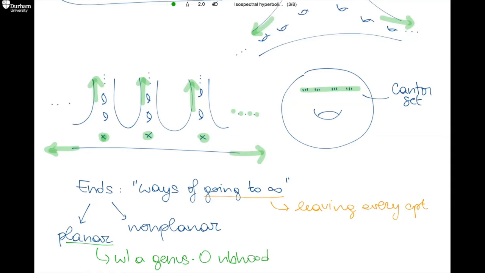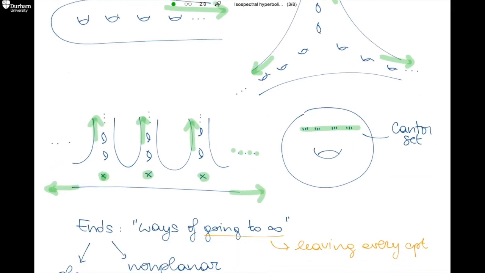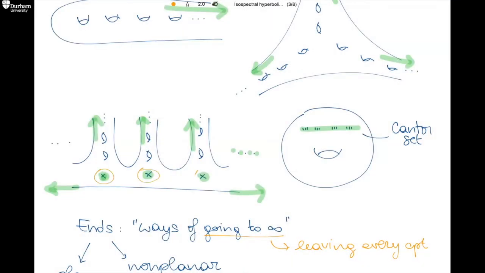In the examples above, in the first and second surface, the ends are non-planar, because for as far as I go, I will always see genus. While in the examples below, I have a bunch of planar ends. I can take a little neighborhood around each one, and I don't see any genus, and the same thing for every point in this Cantor set. I can take a little neighborhood that does not contain any genus.